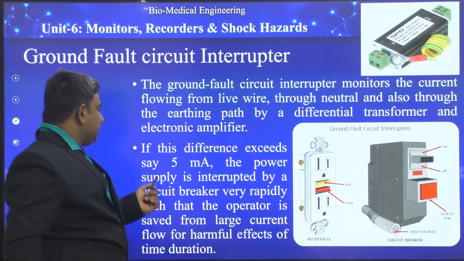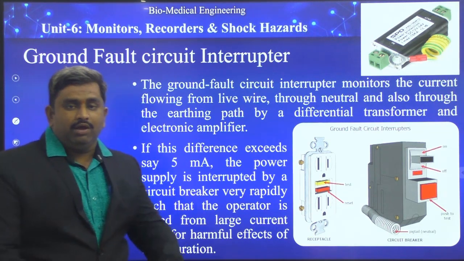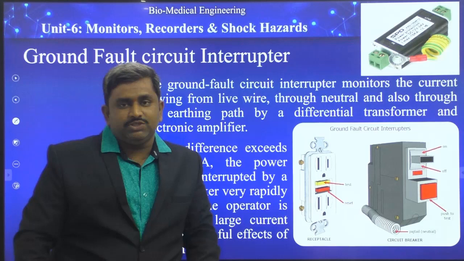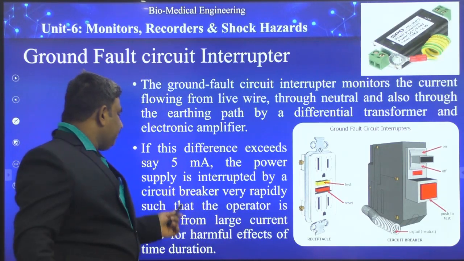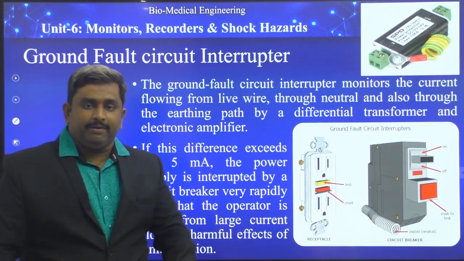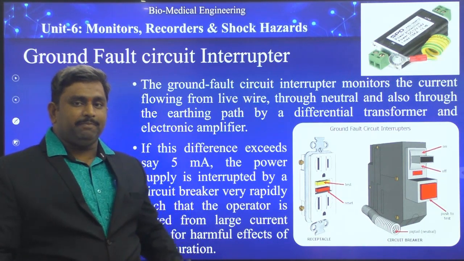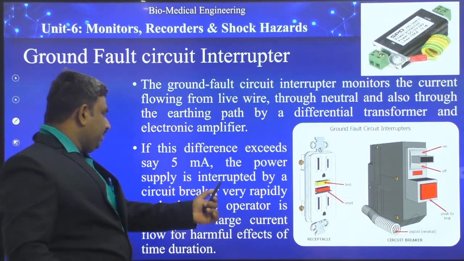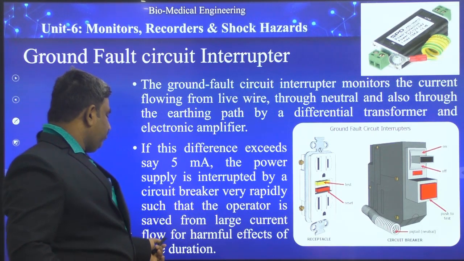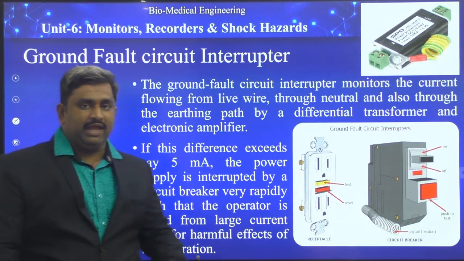If this difference exceeds, say, 5 millivolts, that is, if any current leakage exceeds 5 millivolts, then the power supply is interrupted by a circuit breaker. The complete power supply circuit is interrupted very rapidly, such that the operator is saved from the harmful effects of a large current flowing over a time duration.